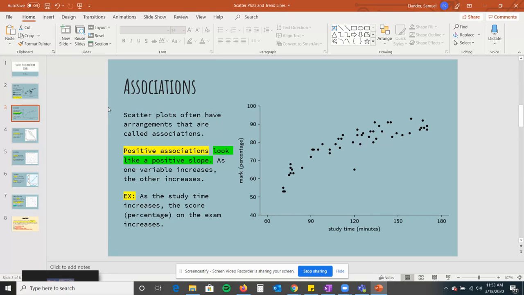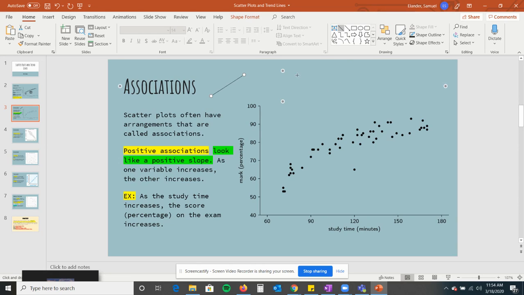So that brings us to associations. We said scatter plots often have arrangements that are called associations or trends, right? Positive associations look like a positive slope. So when we did our unit on linear equations, you guys remember that we would have things with positive slope, and they would look like that, right?